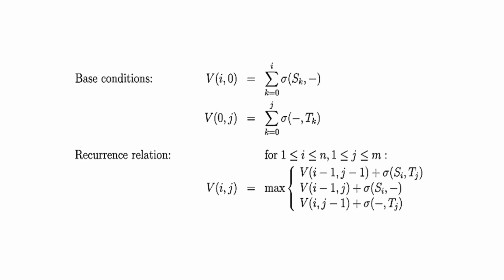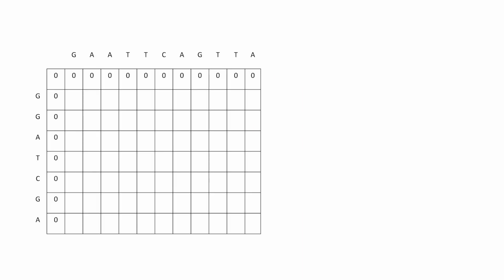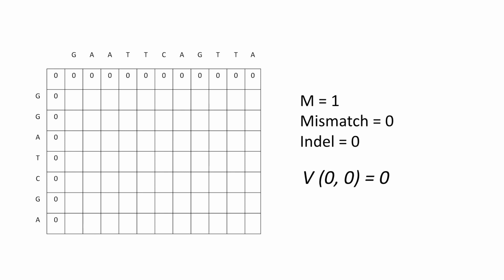For initialization, you are given two sequences as you can see in the picture. One sequence is on the vertical axis, the other on the horizontal axis. The 0th row and 0th column are inserted, so V(0,0) is given a 0. In this case the match is taken as plus 1, the mismatch as 0, and the indel value as 0 score.